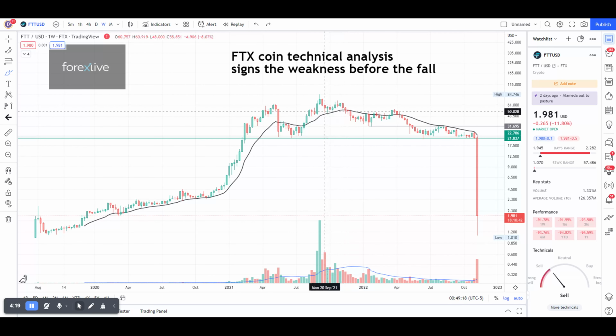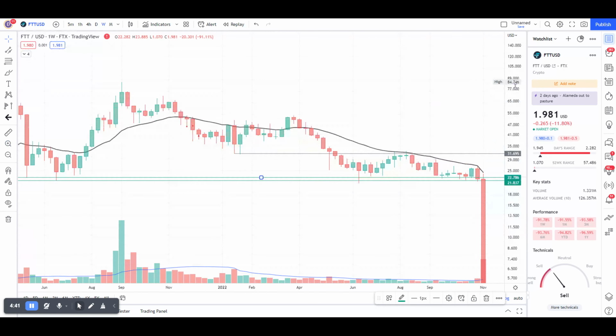We here quickly test the 20 EMA, and then we have basically one, two, three, four, five candles and more closing below the 20 EMA. After such a big volume, this is another tell. Let's get a close up here.